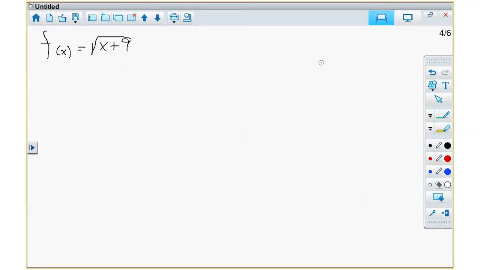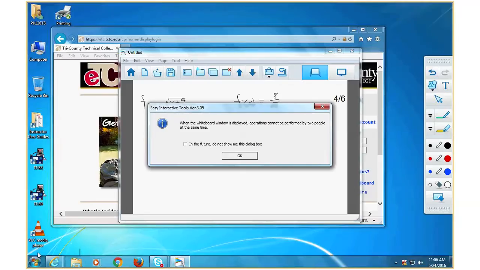And what was your other one? It'll be 8 over the square root of x. There's the other one. Let me pause.